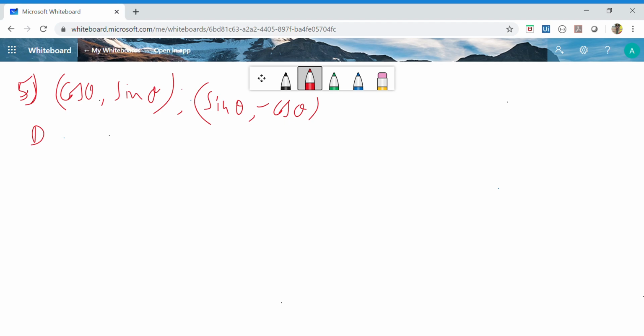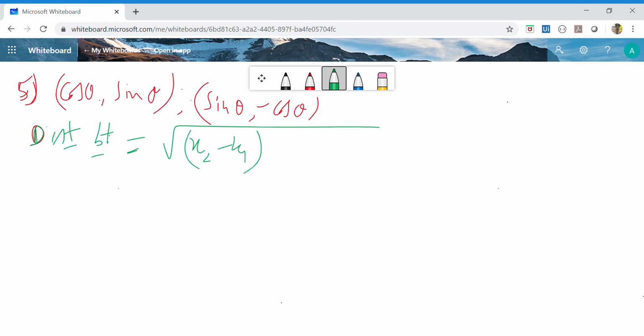So distance between any 2 points in a plane is under root (x2 minus x1) whole square plus (y2 minus y1) whole square. This is x1 and y1, x2 and y2.